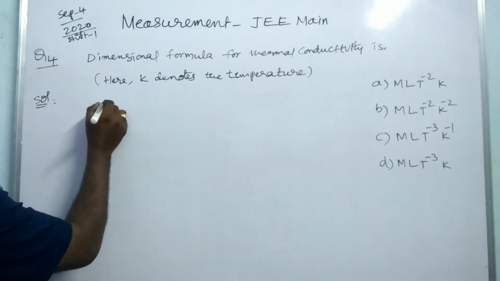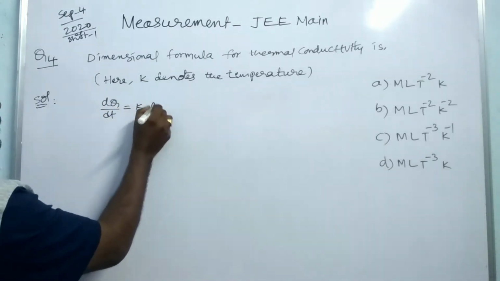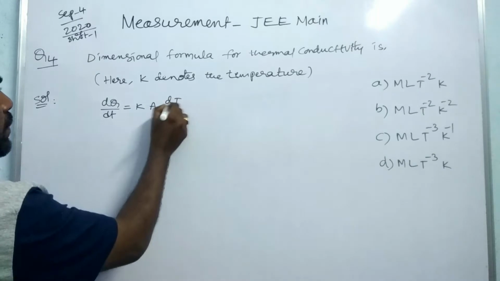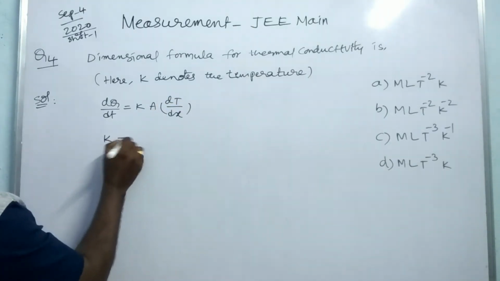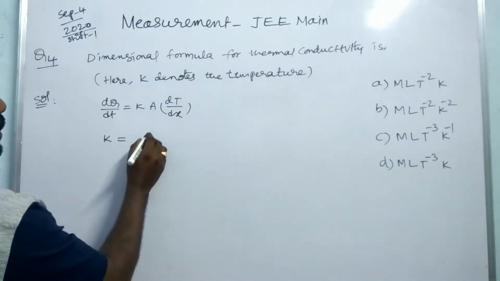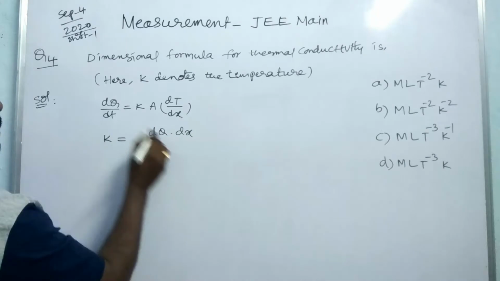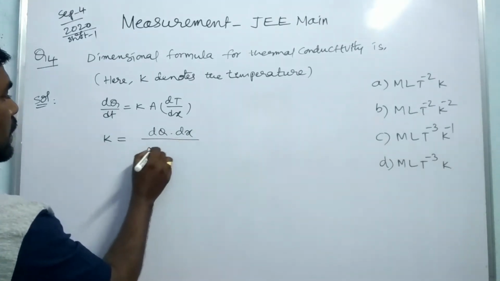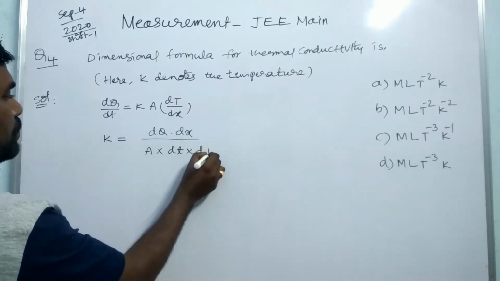The rate of heat flow dQ by dt is equal to K into A into dT by dx. Therefore K, the thermal conductivity, you can write as dQ into dx by area into dt into dT.